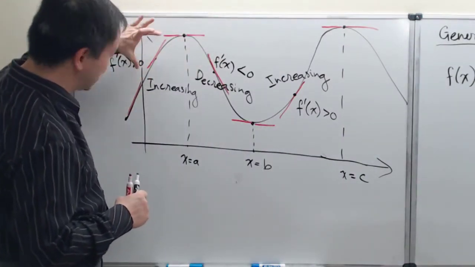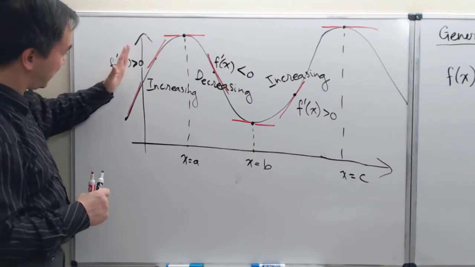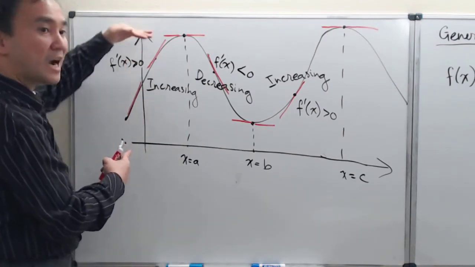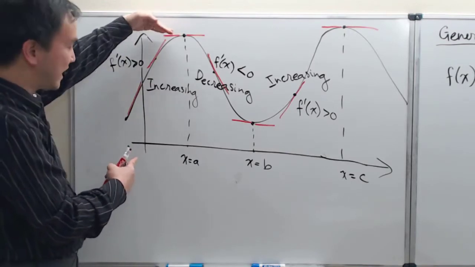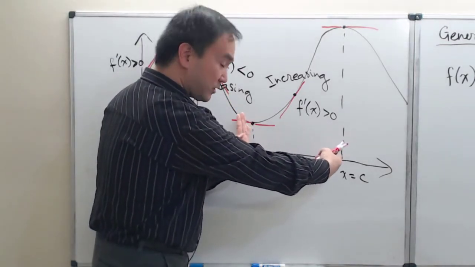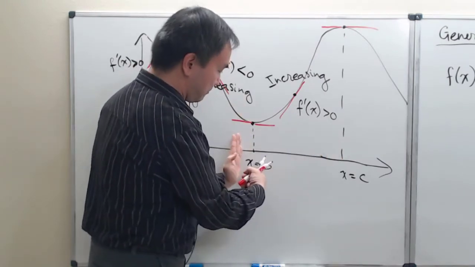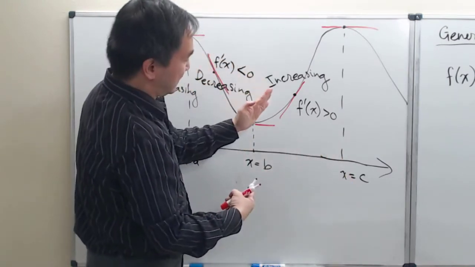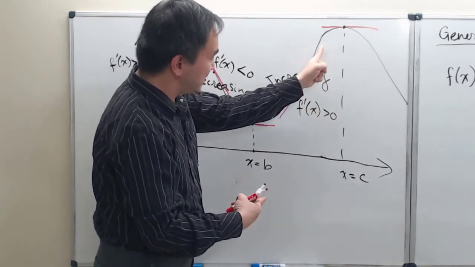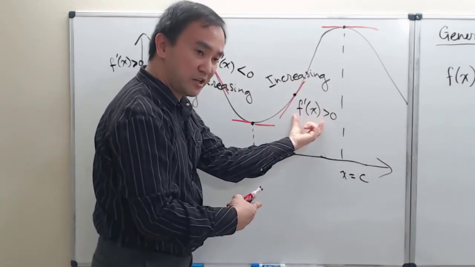The derivative being positive in an interval like this is where the graph looks like it's rising from the left to the right. And in the same way, there's another interval from b to c, for example. In this entire interval, anywhere we place the tangent line, the slope of the tangent line is positive.